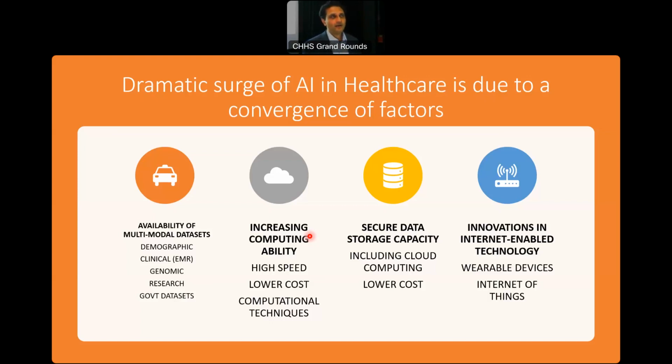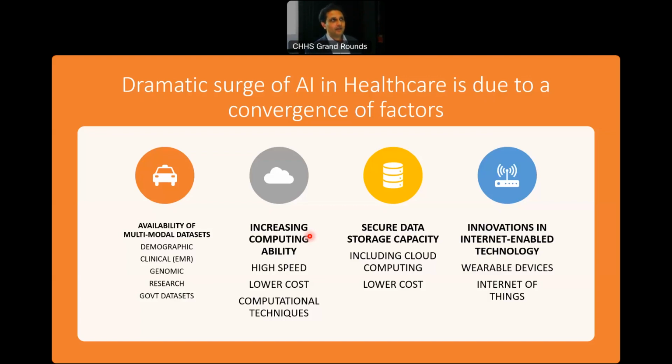So our processing units have exploded in their capacity. They sort of double every couple of years is the general rule of thumb. High speed, lower cost, and newer computational techniques have allowed us to increase our computing ability exponentially. At the same time, we have got a huge increase in storage capacity.